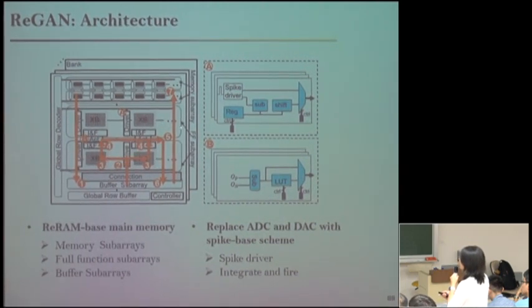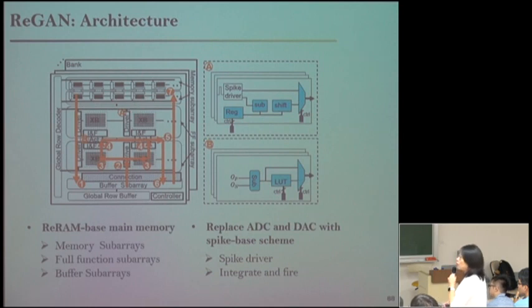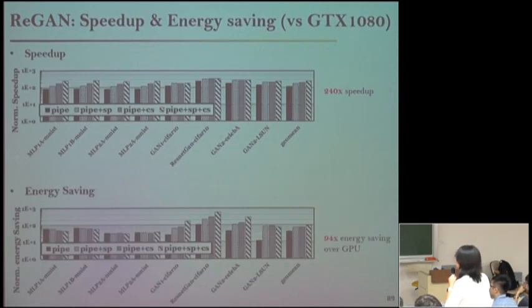And the computation results will be sent back to the controllers, and then eventually sent back to the memory arrays. The goal over here is to implement both generator and discriminator on the same set of hardware to reduce the computation cost.